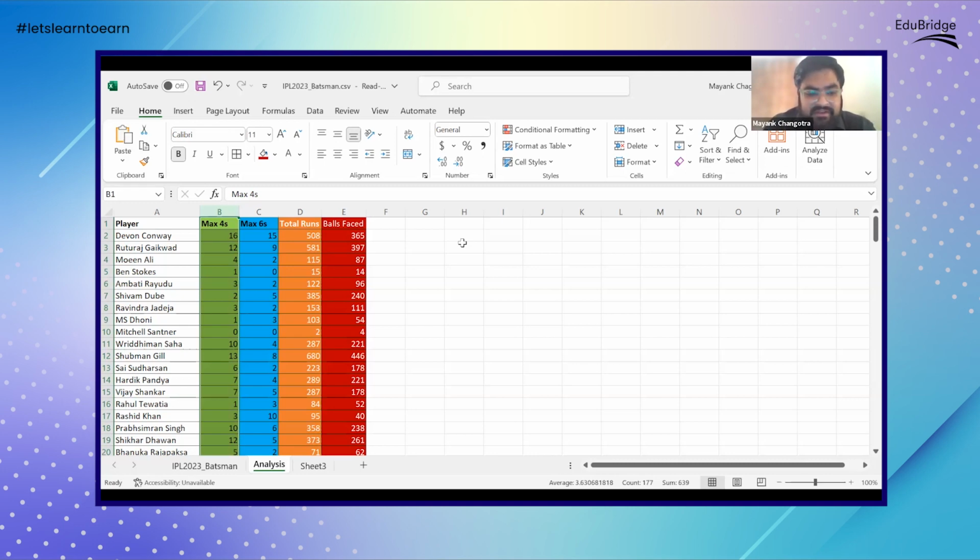So after data gathering, I prepared this data using some transformations, using formulas. This is the transformed data that I have. Now, using that data, I can gather some analysis that can help me take decisions based on the kind of data I got.